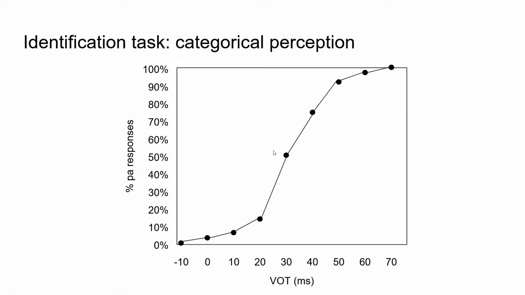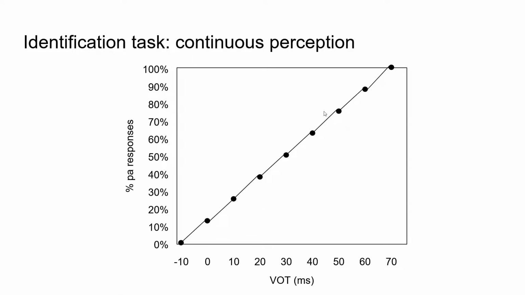So you get this S-shaped curve instead of this nice linear response pattern. And so this is characteristic of categorical perception. Something in the brain is really forcing our perception into category A or category B, and it has crafted our perception so there's a boundary that we're very sensitive to that gives us that abrupt S shape to that curve.